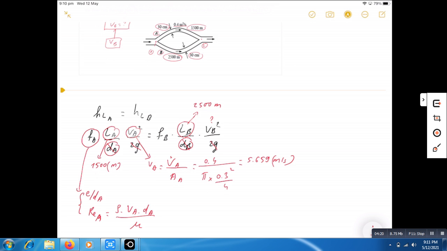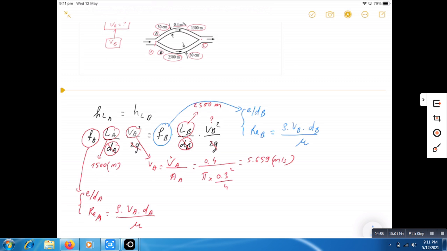To find VB you have to know fB. How to find fB? You can find it from E over dB and Reynolds number B. E over dB is easy: you have the material cast iron, so you have the roughness E, and dB is 30 centimeter. But Reynolds number B equals rho VB D over mu. It means you can't find the friction coefficient fB if you don't know velocity VB.